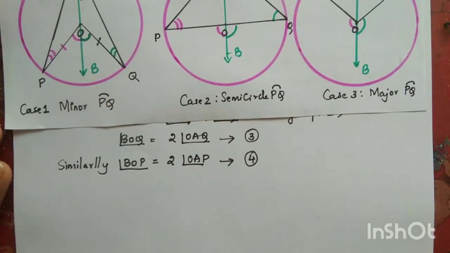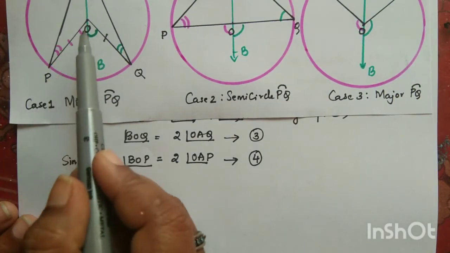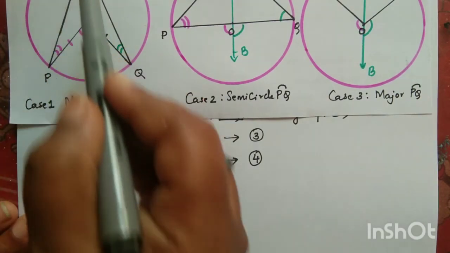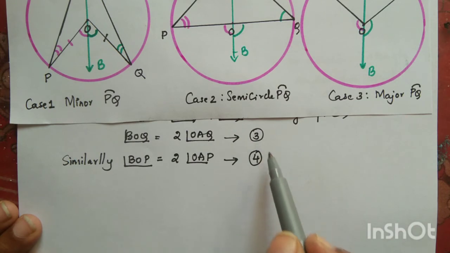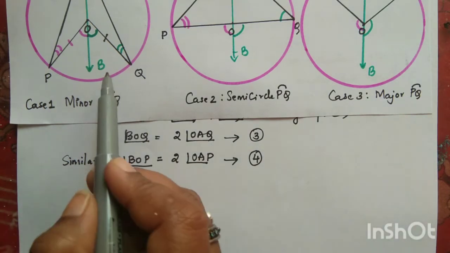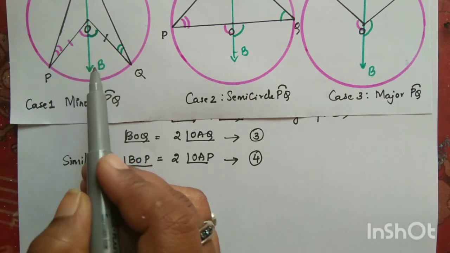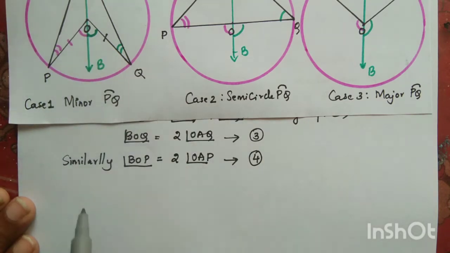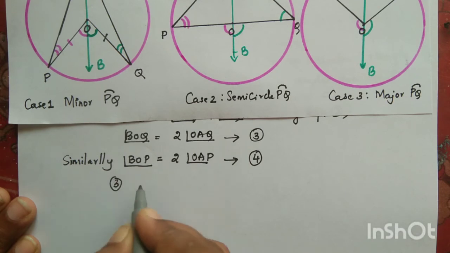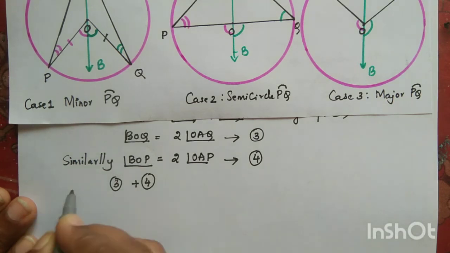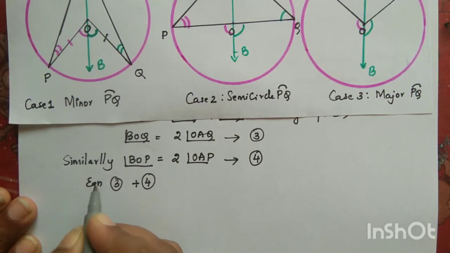So now we need to arrive at the result POQ is equal to twice of PAQ. When you observe these two angles BOQ and BOP, when we add these two angles we will get POQ. So we will just add equations 3 and 4.